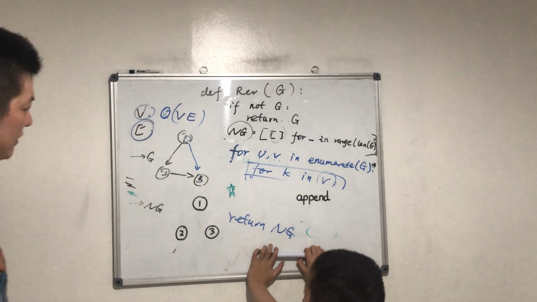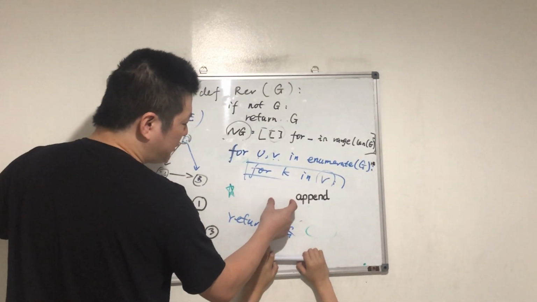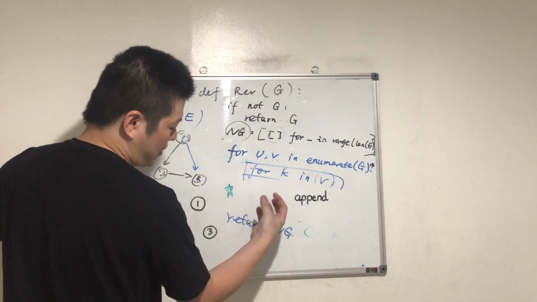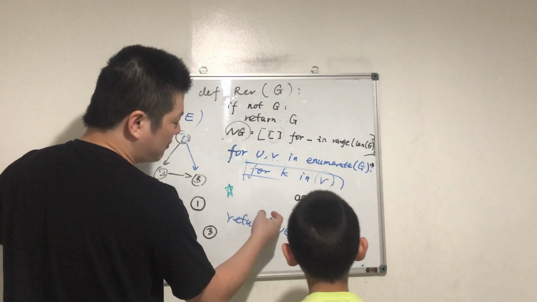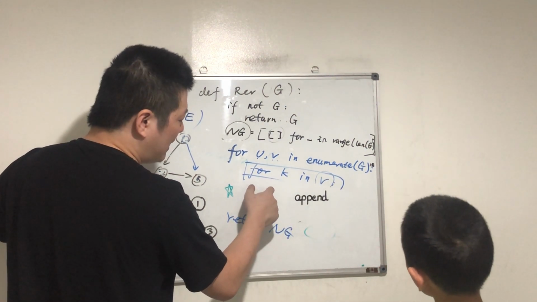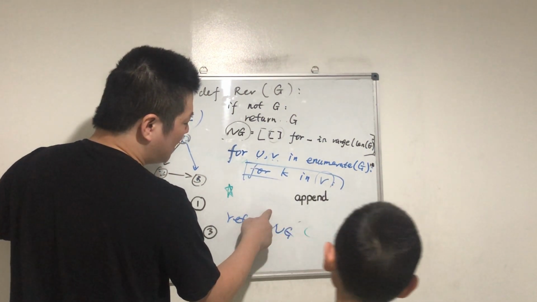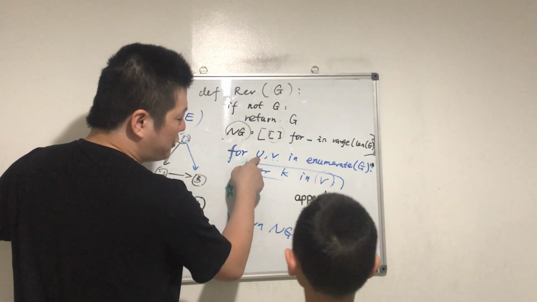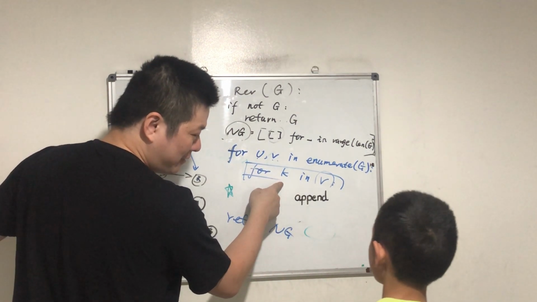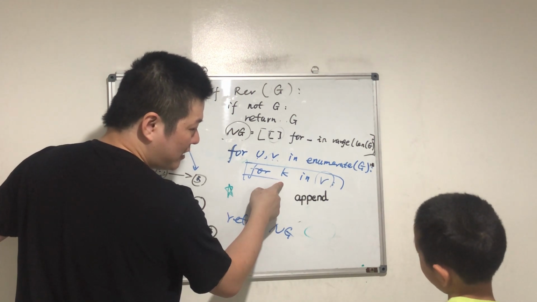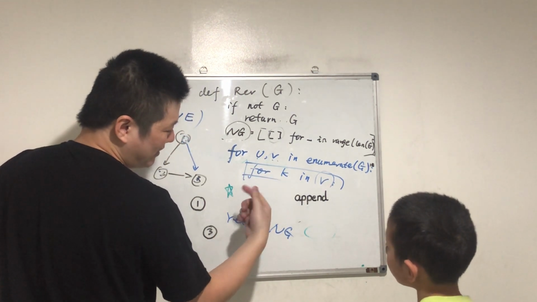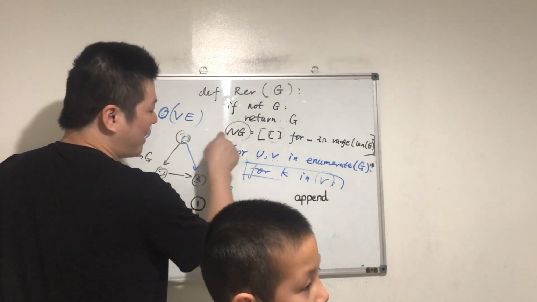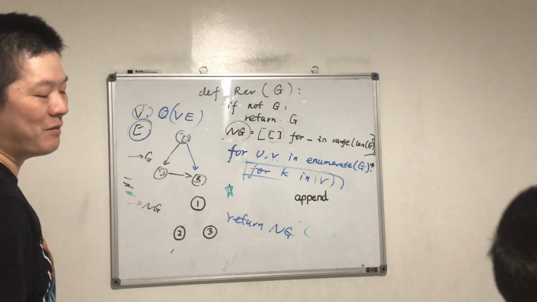So which is the start of the reverse edges? Because look, we know the current edge is U to K, right? What's the reverse? K to U. Okay, K to U. So how do you put it in the graph?